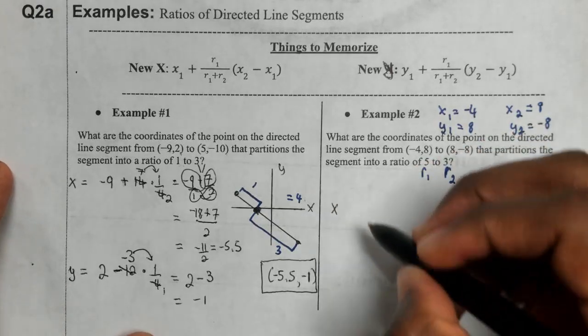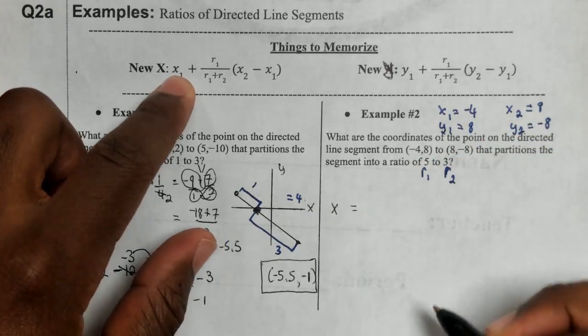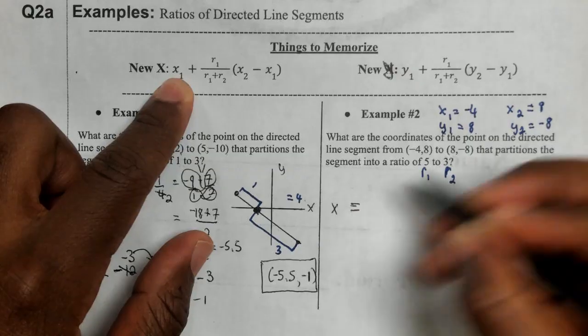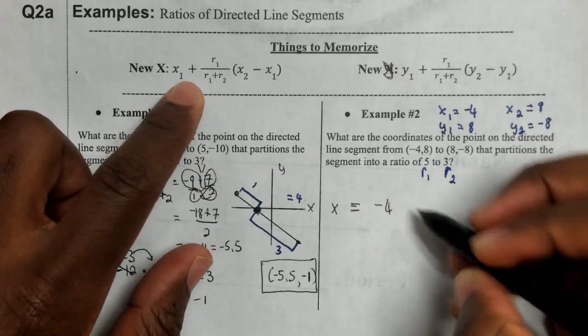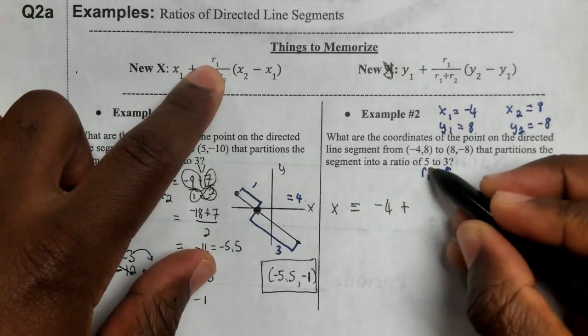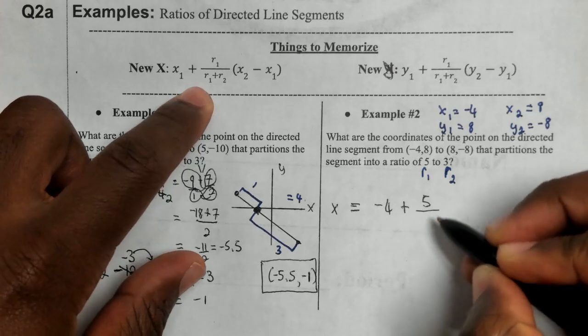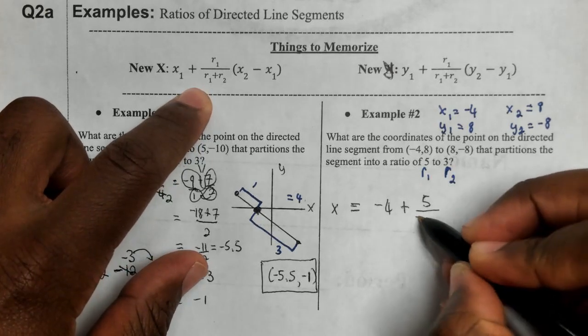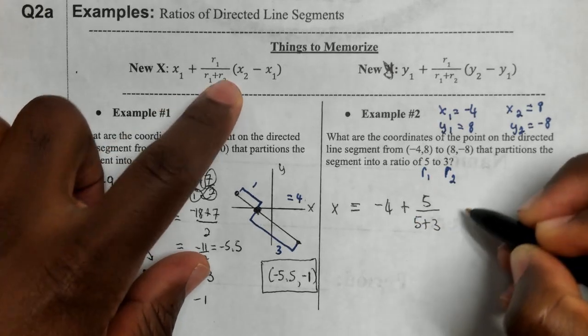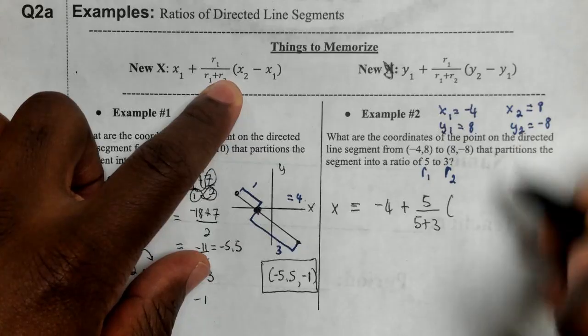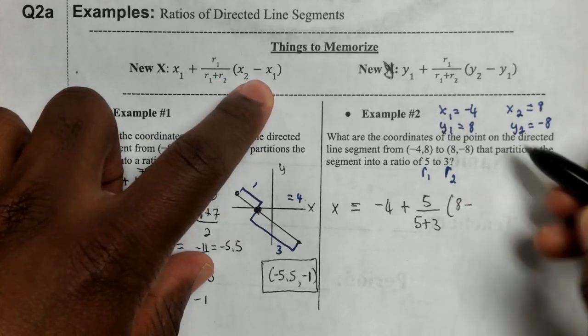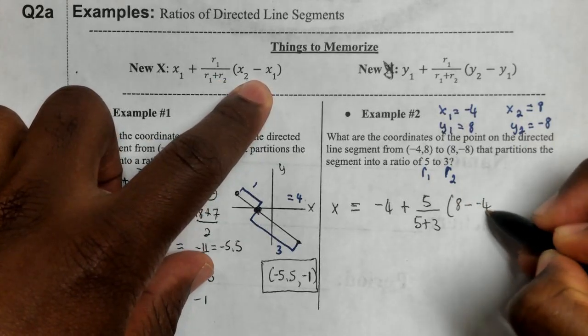So you would say x is equal to, we use this formula, x1, which is -4, plus ratio 1, which is 5, over ratio 1 plus ratio 2, which is 5 plus 3, multiplied by x2, which is 8, minus x1, which is -4.